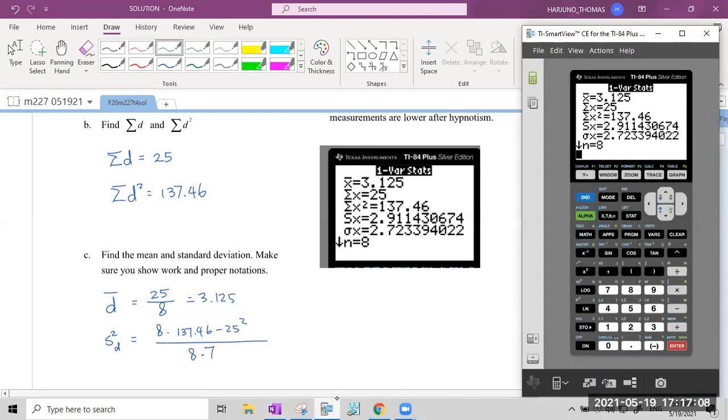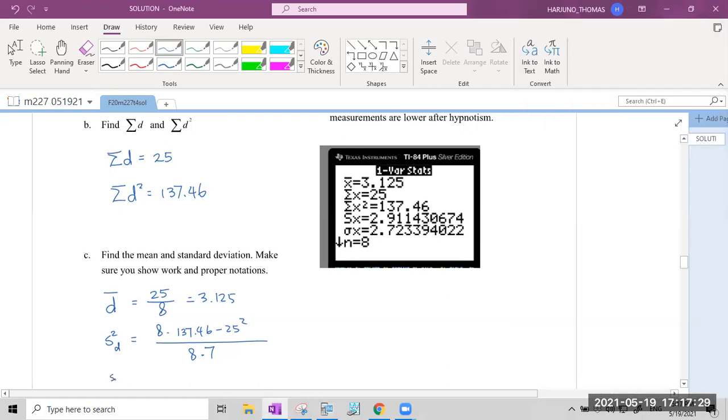Now use your calculator: 8 times 137.46 minus 25 squared, divided by 56. That's 8.47643.